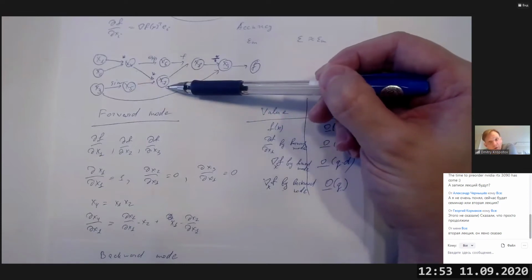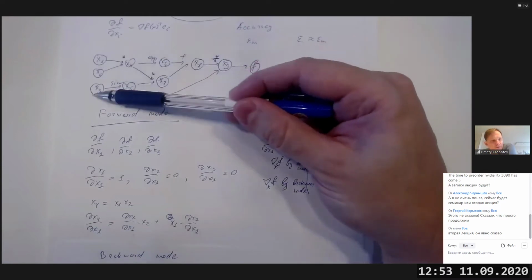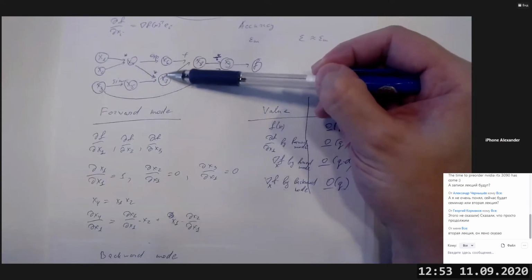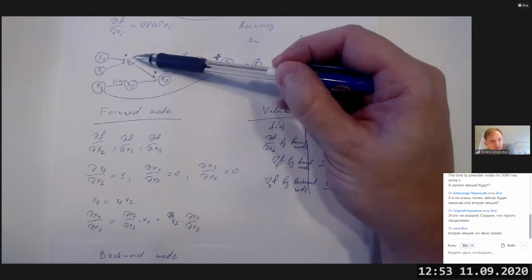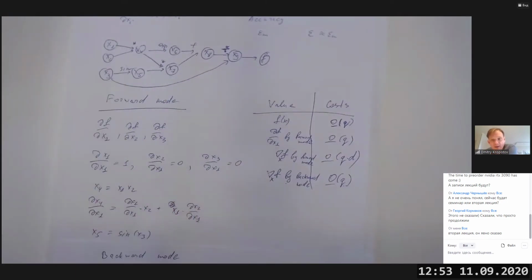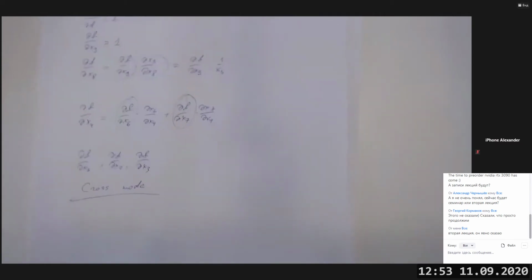Then, when you go to the next layer, you don't need to store, for example, the initial variables x1, x2, x3. To do the calculation on this layer, you need only information from the previous layer. So when you do the calculation, you may clear the memory from the previous layer and not store anything in memory except for the current layer. So forward mode does not require much memory. Okay, thank you.